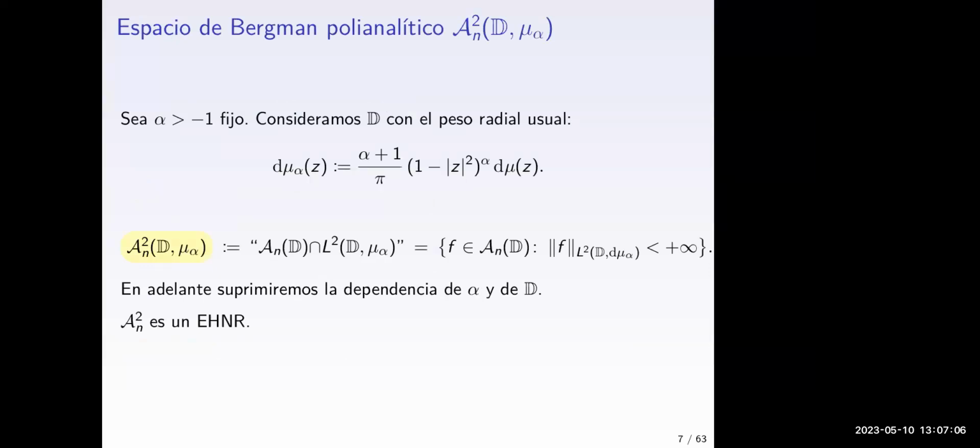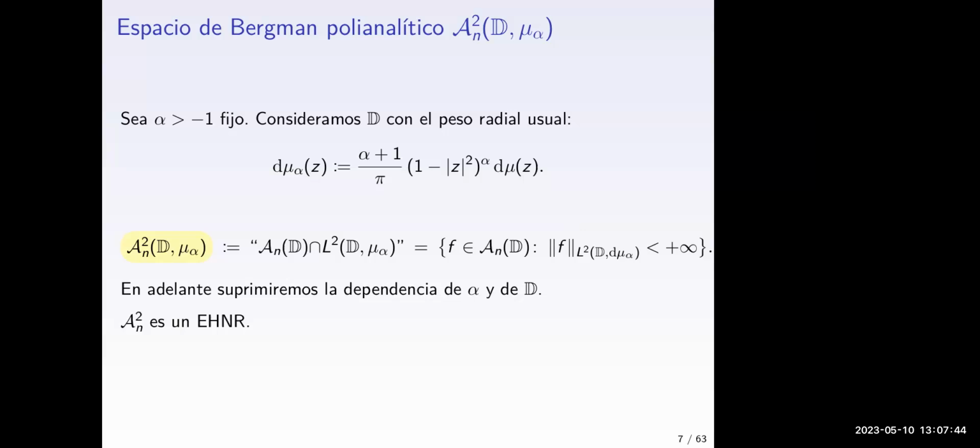So now let's fix alpha and consider the usual radial weight. And for short notation, we just will use the polyanalytic Bergman spaces, which are the polyanalytic functions that are square integrable with respect to this measure.